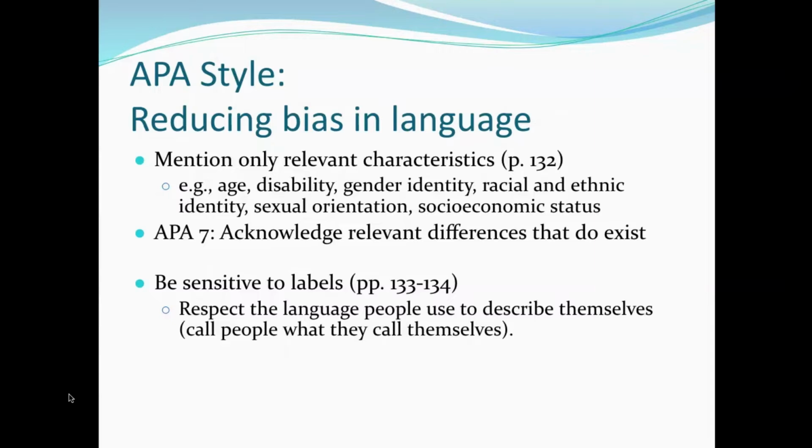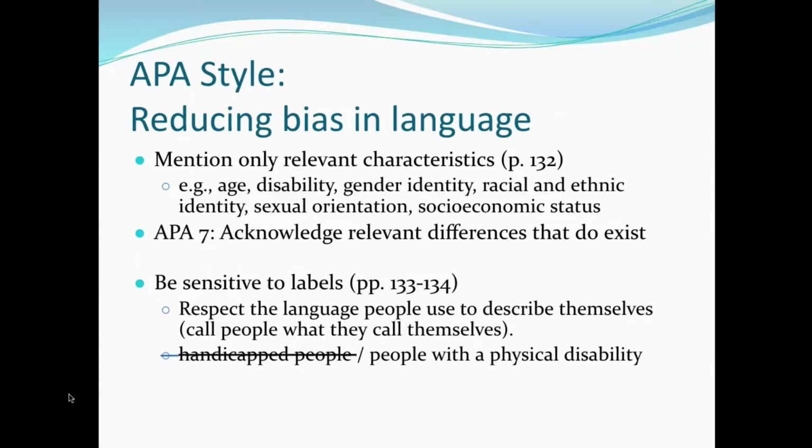So it's really call people what they want to be called. And sometimes that takes a little research, and really the most important thing is being considerate and sensitive to labels.